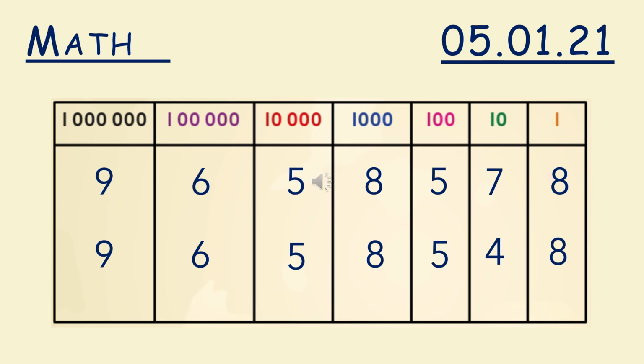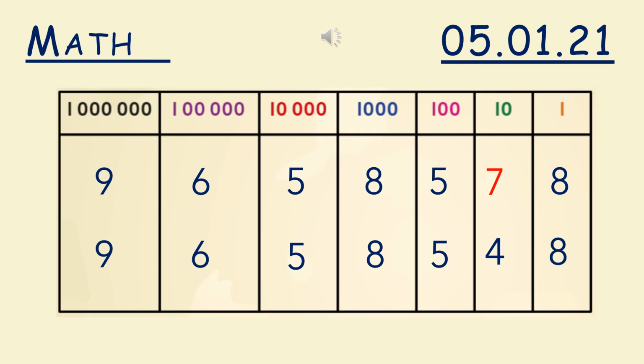Here's one last example to help. I placed two more numbers in the place value grid. 9,658,578 and 9,658,548. So now they're in the place value grid, we can check which is the largest number. Again, we start with the millions. As we can see, these are both equal.